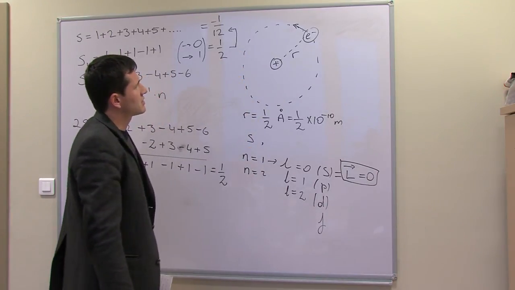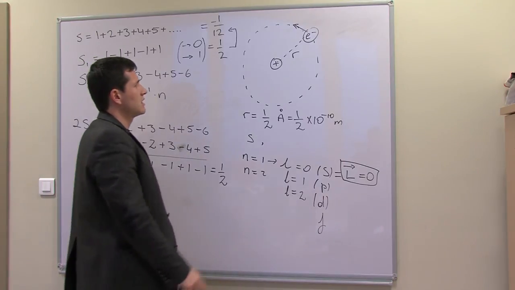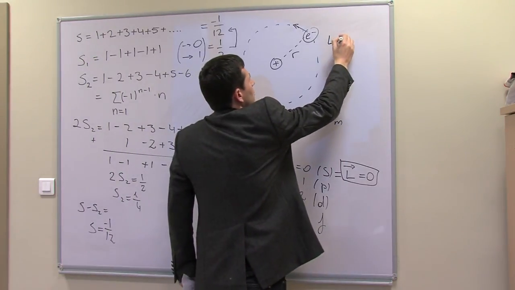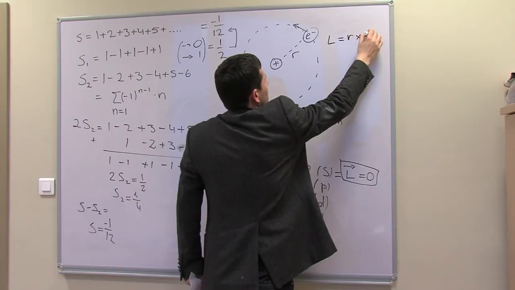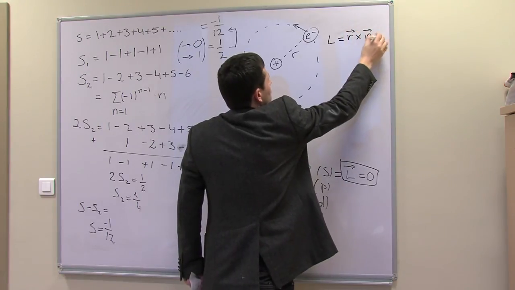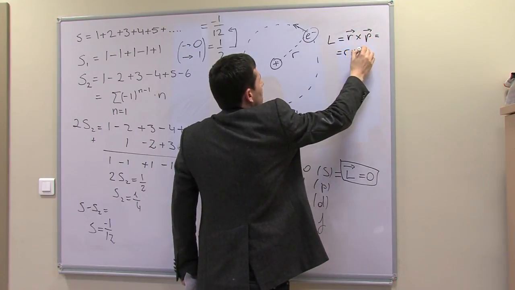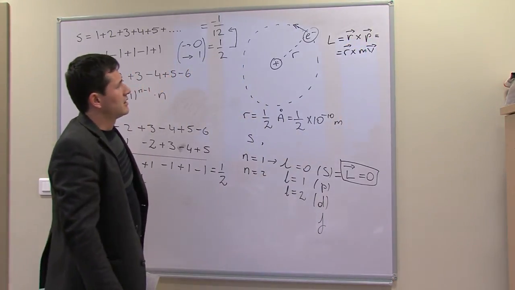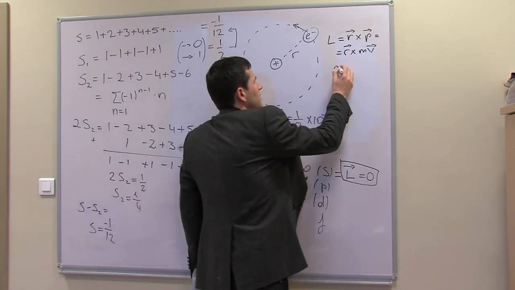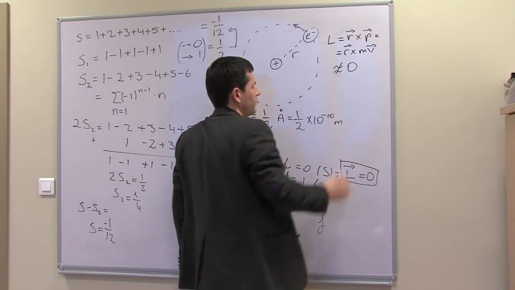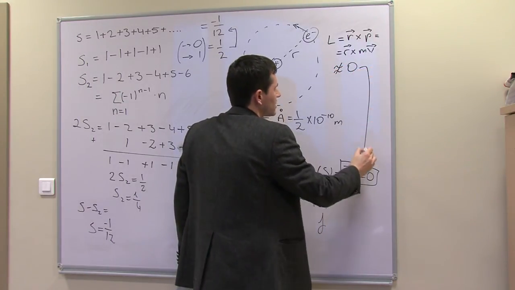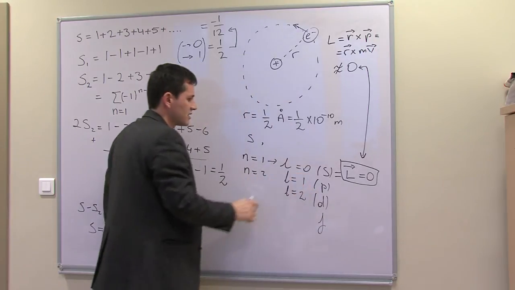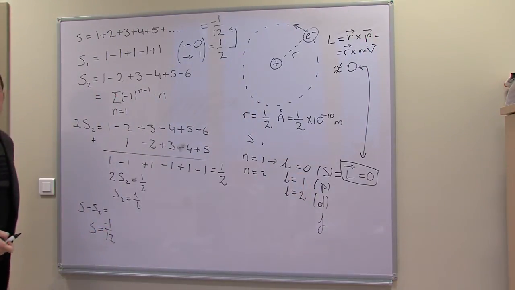But if we accept that, then we should say that the angular momentum should be equal to r cross p, where this cross product is r cross mass times velocity of the electron. And then this most probably looks like something different from 0, but we assign this electron of the s state as equal to 0, so here we have a problem.